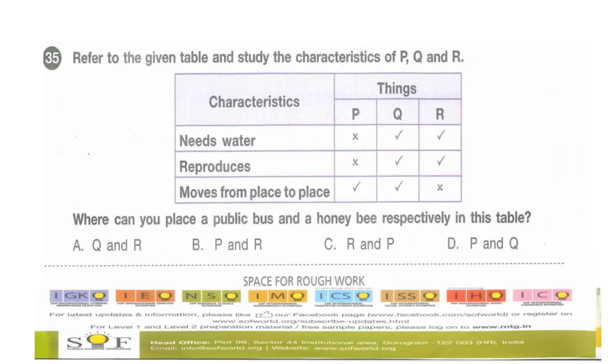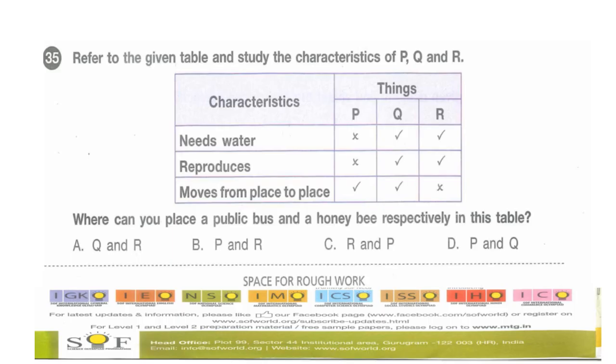Question number 35. Refer to the given table and study the characteristics of P, Q and R. Where can you place a public bus and a honeybee respectively in this table? A, Q and R. B, P and R. C, R and P. D, P and Q. There are characteristics given in the table for the things P, Q and R. Needs water: Q and R need water, and P doesn't need water.